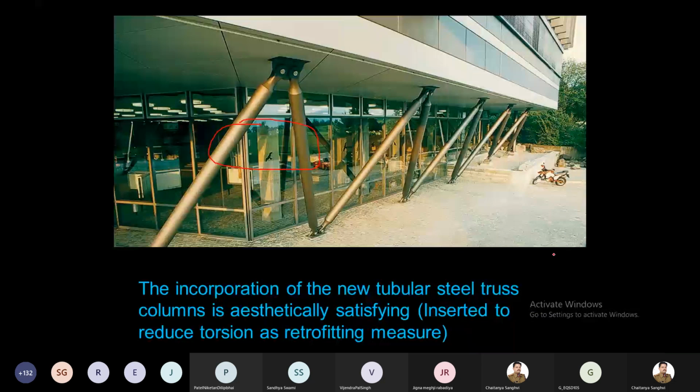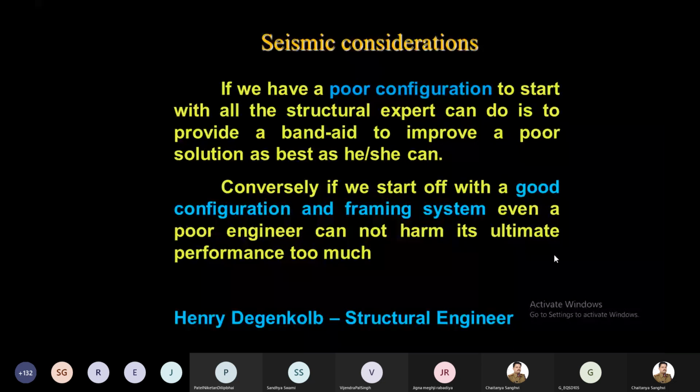Henry Degenkolb, who is a well-known structural engineer, said that if we have a poor configuration to start with, then a structural expert can do only a band-aid to improve the poor solution as best as he or she can. It means if the architect is giving us a very poor configuration, then a good structural expert cannot do anything.